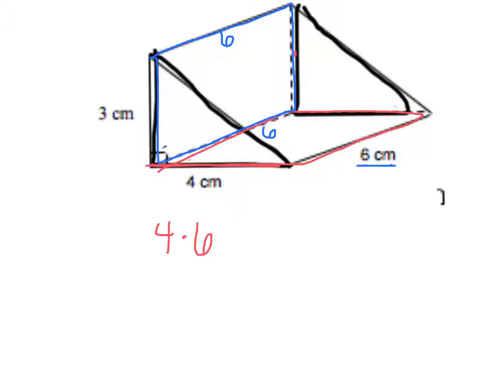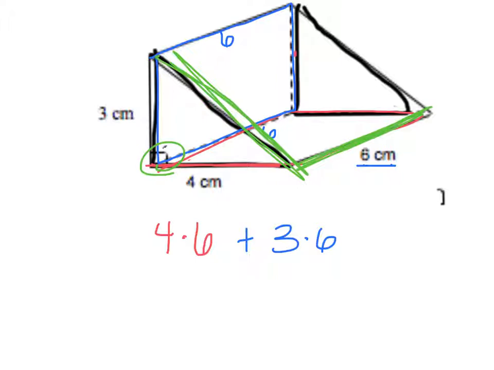Connecting the two bases, that's always going to be 6. So I'm going to add another 3 times 6. And then the top piece is still going to be something by 6, but I don't know this length here. Well, it's a right triangle. I know two sides. I'm going to use the Pythagorean theorem to find out the length of the third side.